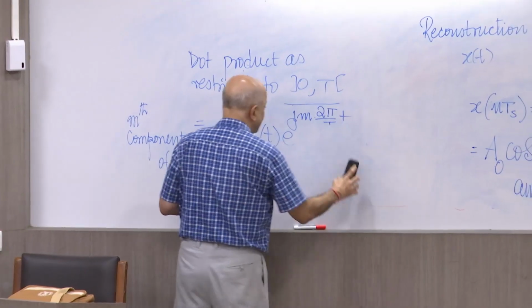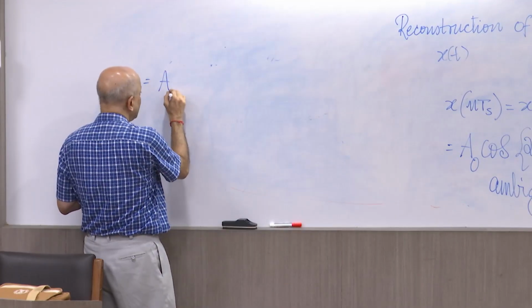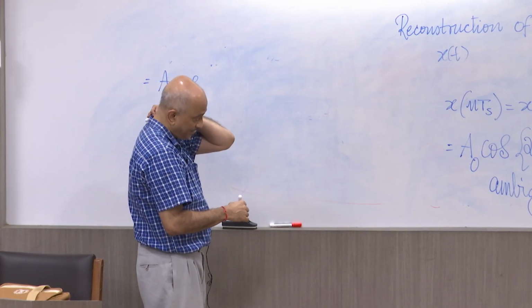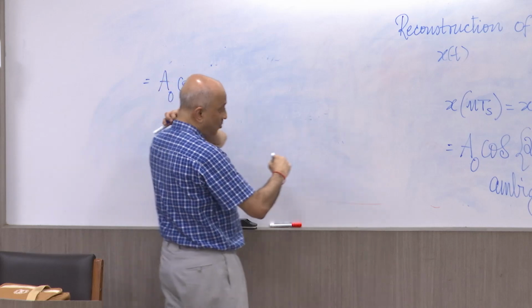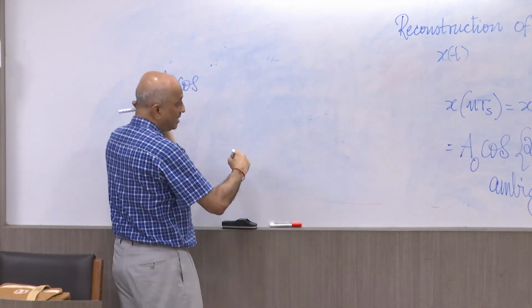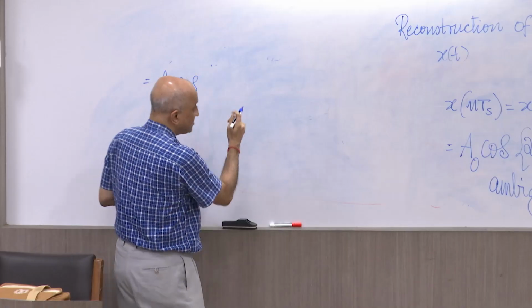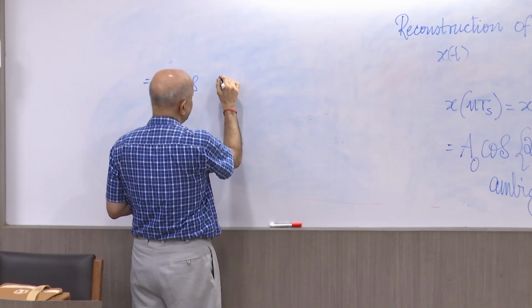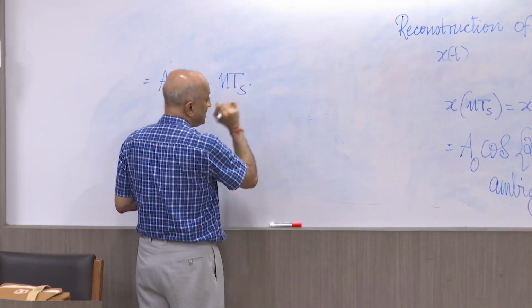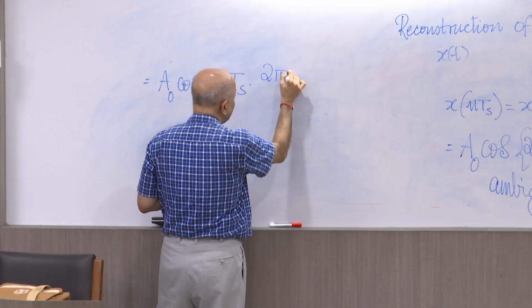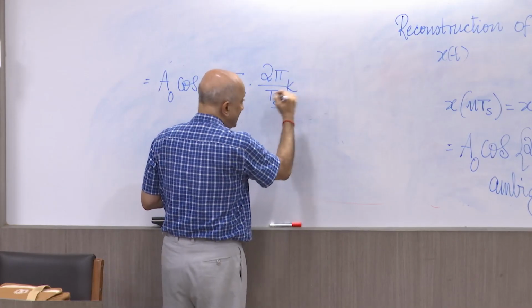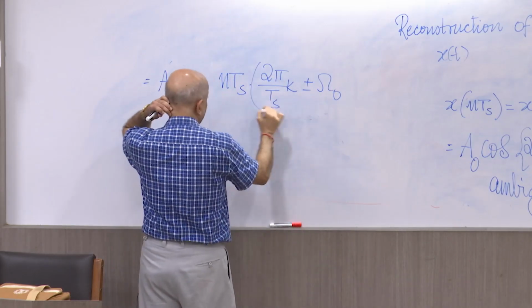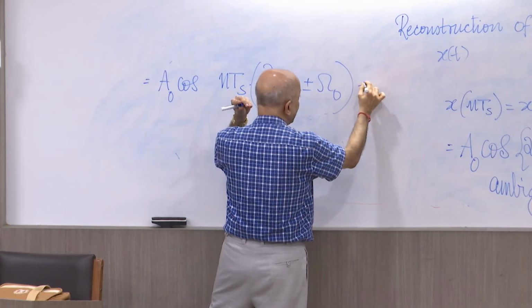Now let us rewrite this a little bit. You have n anyway, so you want to take nts common here. So nts, and the frequencies: 2 pi divided by ts, times k, plus minus omega naught, and then plus minus phi naught.